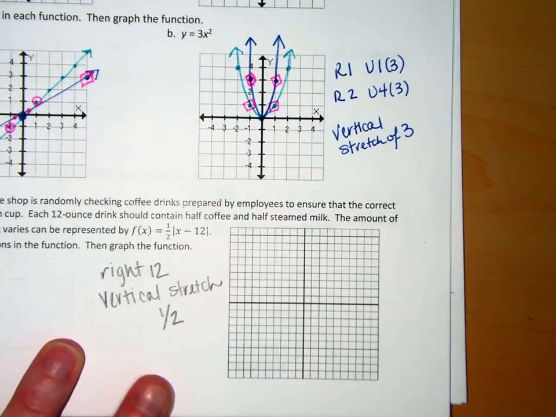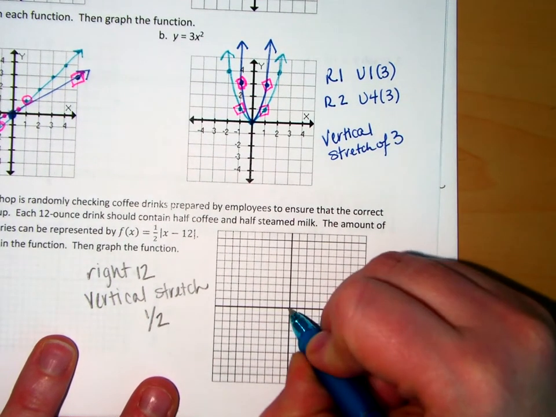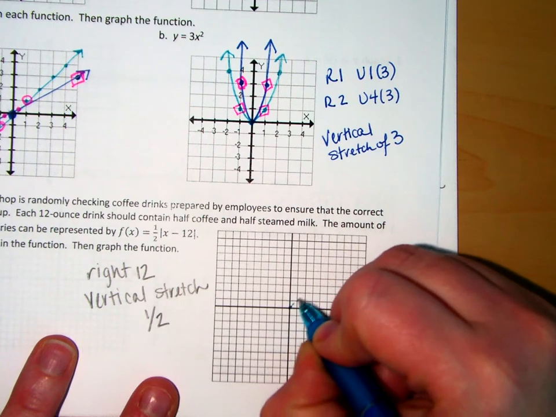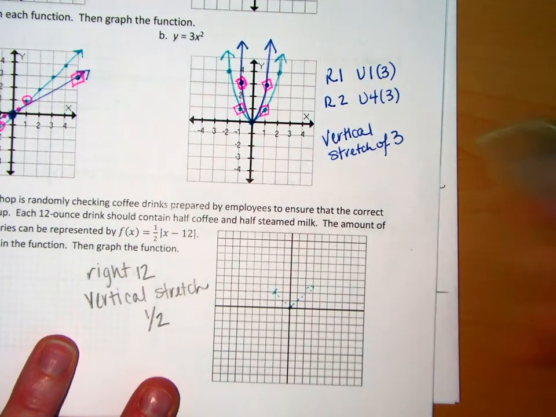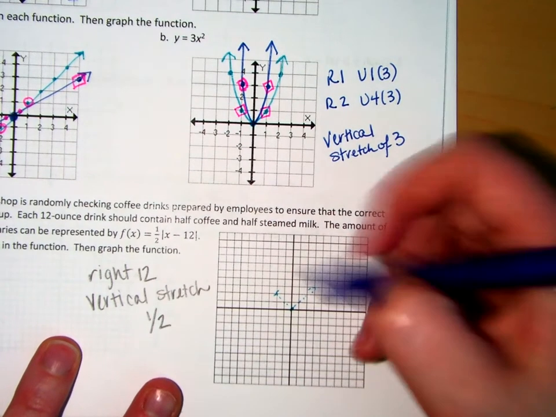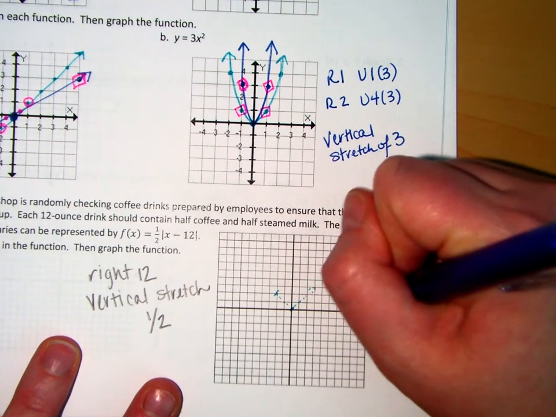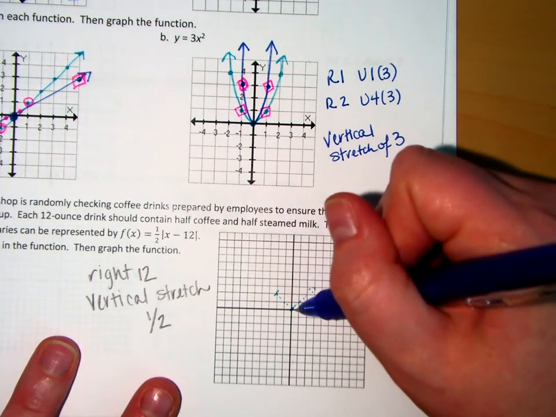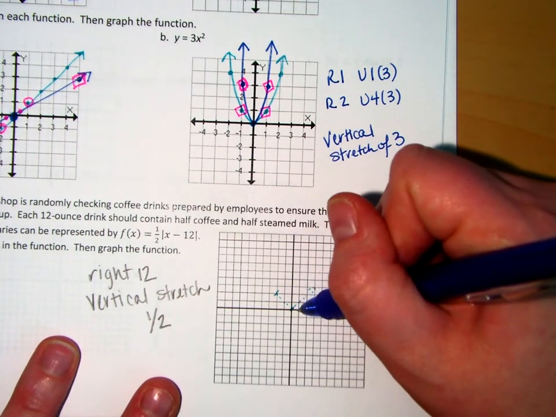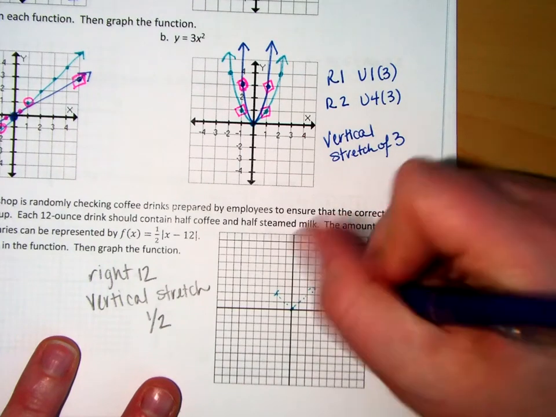So if I'm going to go right 12, my graph is going to go from the original function of a V, and then I'm going to move it over 12. So 1, 2, 3, 4, 5, 6, 7, 8, 9, 10, and I don't have enough spots. So what I'm actually going to do is go by 2: 0, 2, 4, 6, 8, 10, 12.